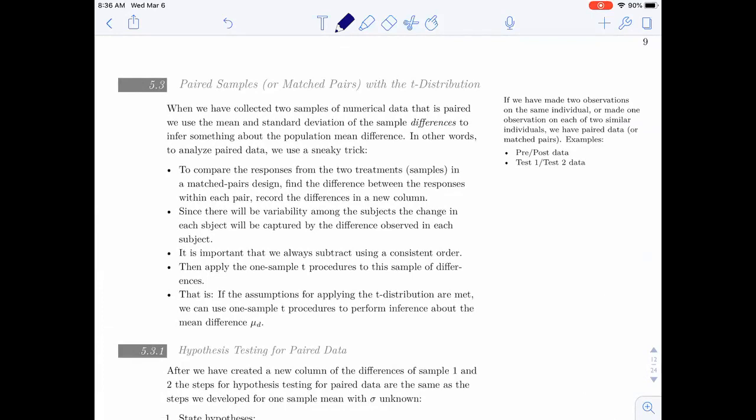This is the first time that we're gonna start to have two samples, but it's a special case where these two samples are matched up on one individual, with two observations on the same subject.